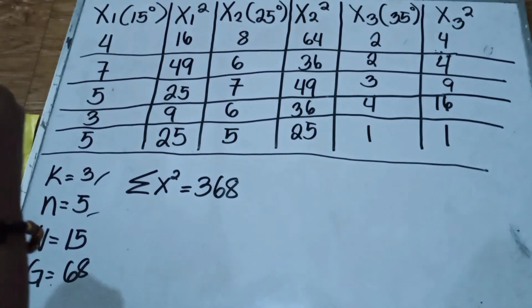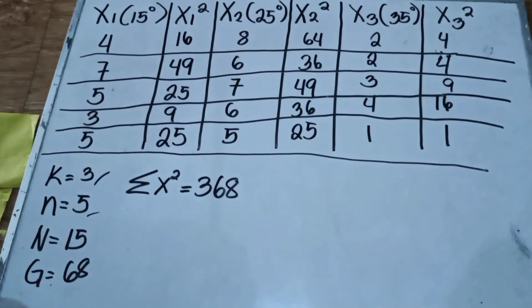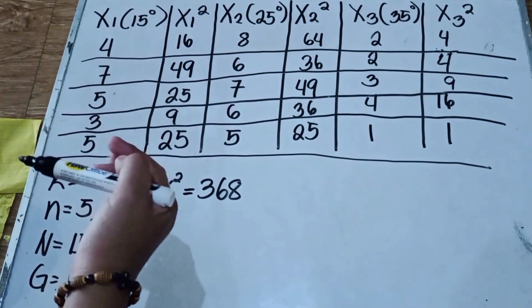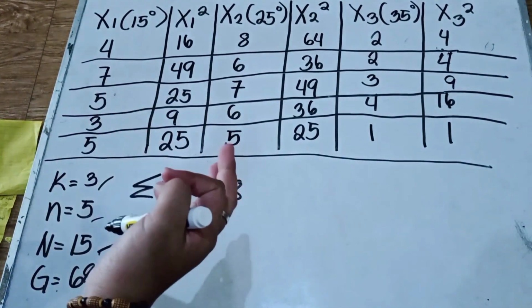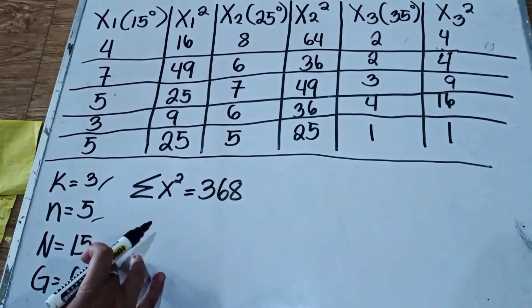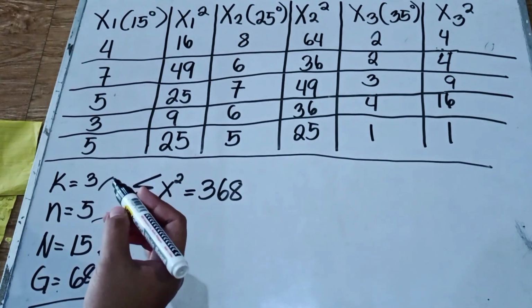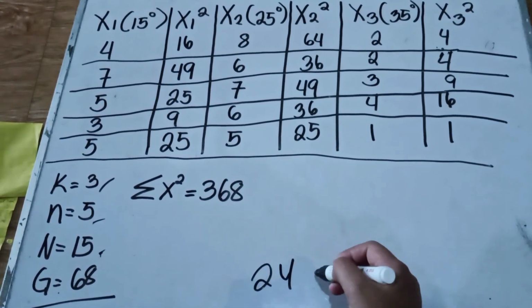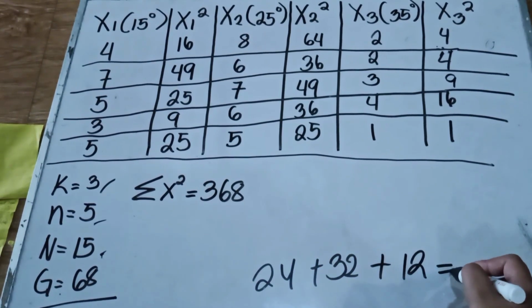Sa example, sa group 1: 4, 7, 5, 3, 5. Di ba, 5 na sila kabuok? So, ang atong n kay 5. Then, ang atong capital N kay 15, tungod kay sa tulo ka grupo, naa'y 5 kabuok sud. 5 times 3 equals 15. Then, ang atong G kay ang total of scores, 24 plus 32 plus 12 equals 68.